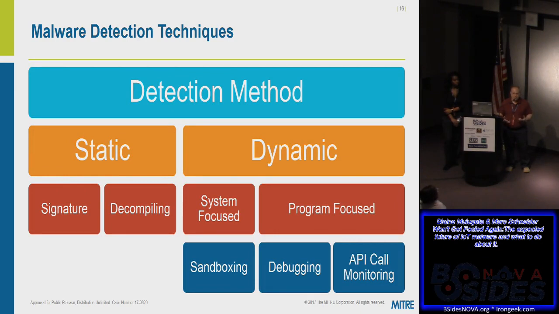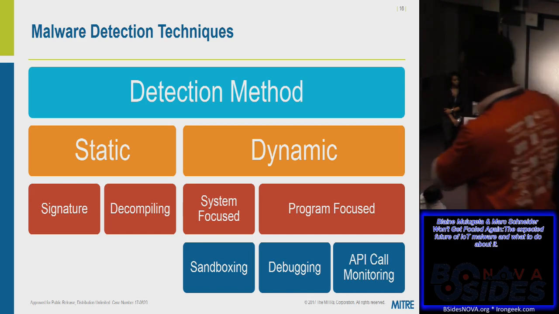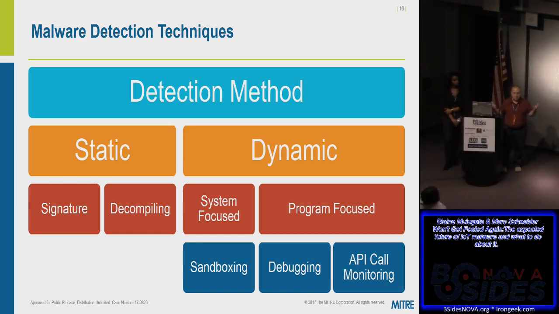So I'm going to go in a little bit on detection techniques, just so that we can be on common ground in terms of what we're talking about with language and give you an idea of how malware evades. So there's basically two different techniques, dynamic and static.